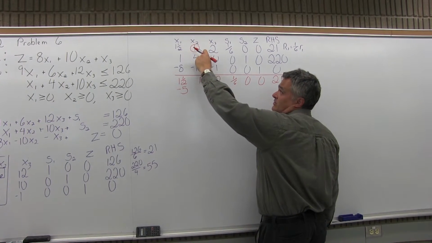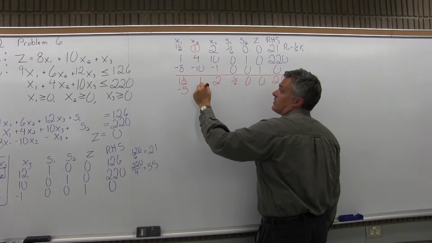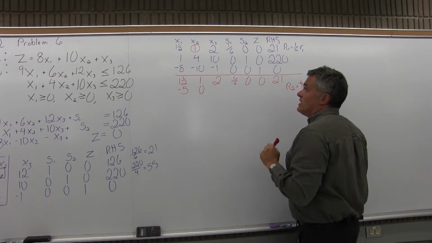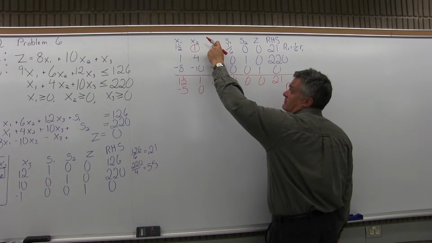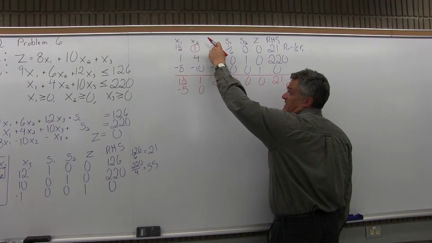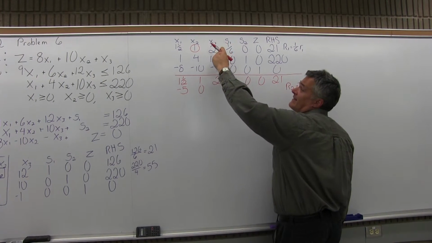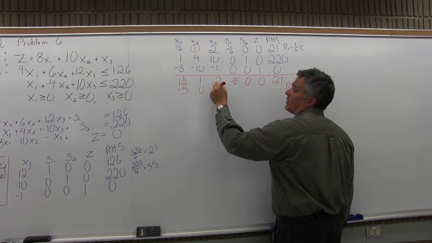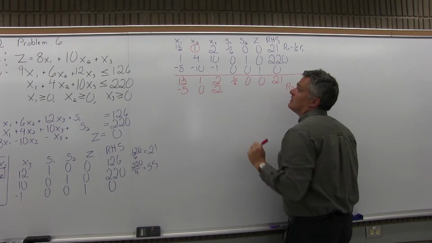I'm going to add that to row 2. -4 plus +4 will make a 0. Then in the x3 column, -4 times row 1 is -4 times 2 is -8. I'm going to add that to row 2. So I'm going to add -8 and +10 is +2.